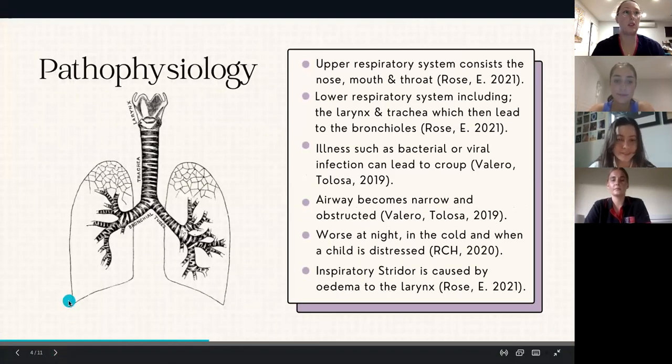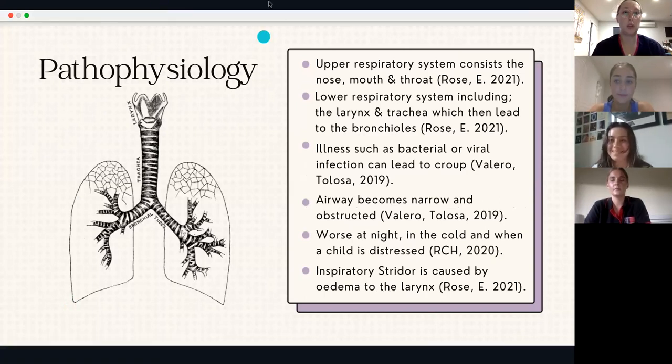I'm doing the pathophysiology. So we begin with the upper respiratory system, which includes the nose, mouth, and throat, which we breathe through. And then oxygen travels down to the lower respiratory system, which includes the larynx and trachea, which then lead to the bronchioles.